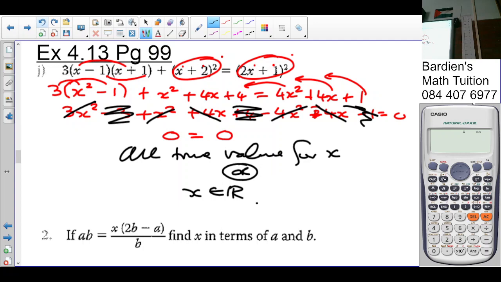The left hand side is equal to the right hand side. You can choose any value for x and the equation will balance. However, if this was 6 equal to 0, or 0 is equal to 12, or 0 is equal to minus 11, a 0 equal to a number, then there's no solution. There's no value of x under the sun that will satisfy that equation.